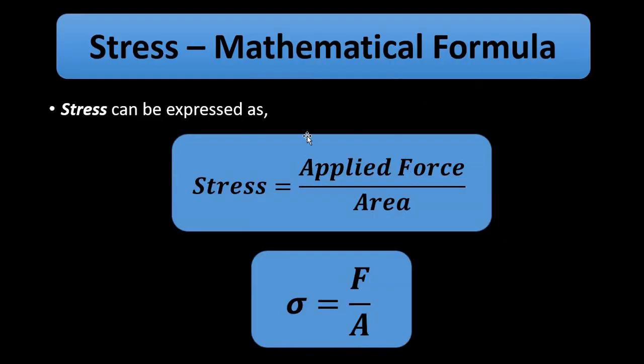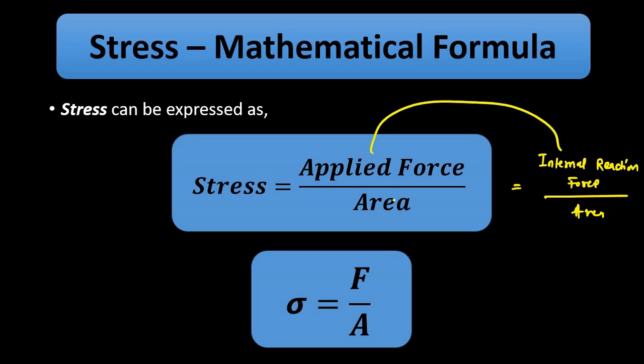And the formula of stress is written as applied force by area, and it can also be expressed as the internal reaction force by area. Both are the same because they are the same in magnitude.